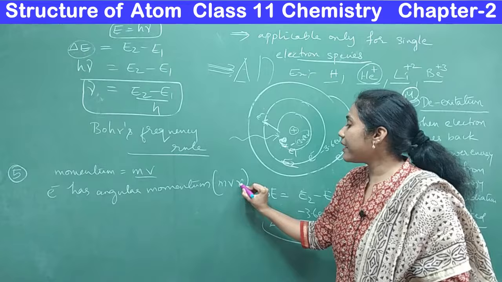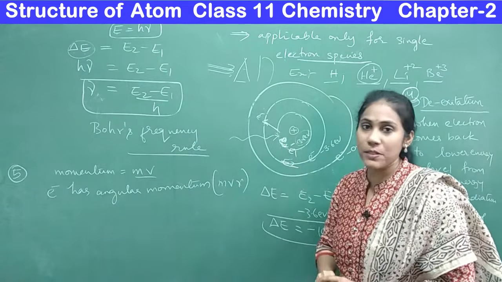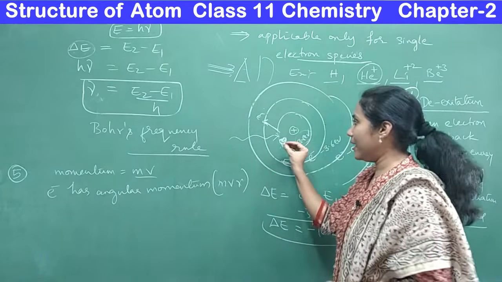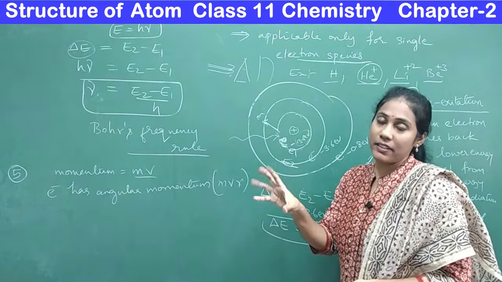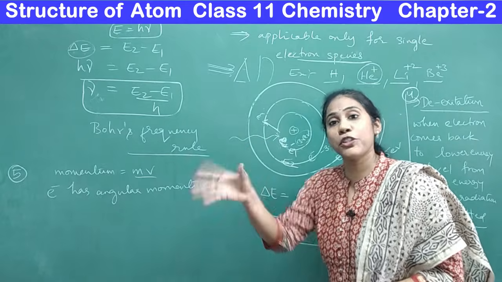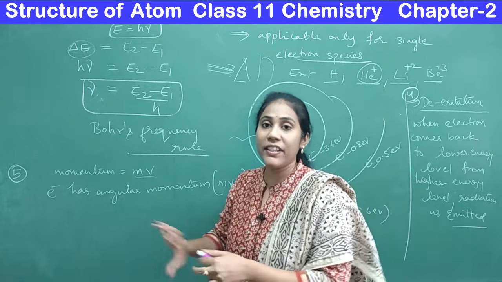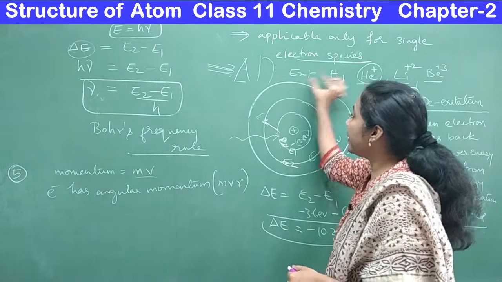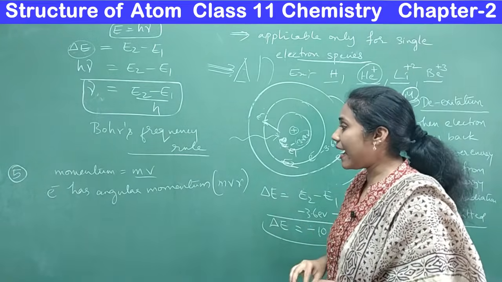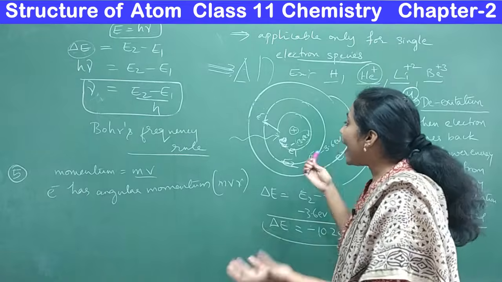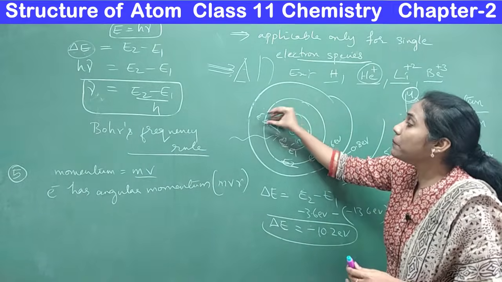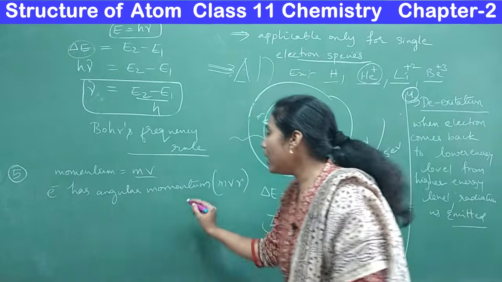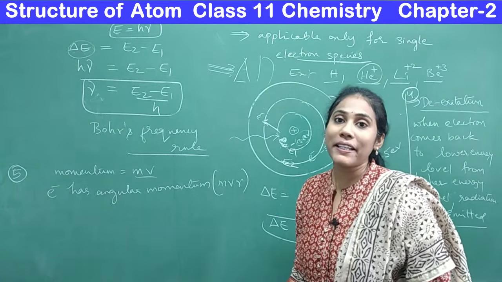So the angular momentum of an electron is equal to nh by 2 pi. Bohr has given a formula to calculate the angular momentum of an electron present in every shell. He says that the value of angular momentum of an electron is always an integral multiple of h by 2 pi.